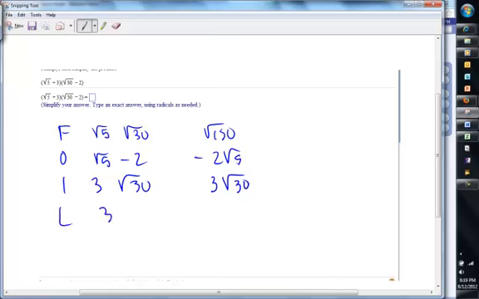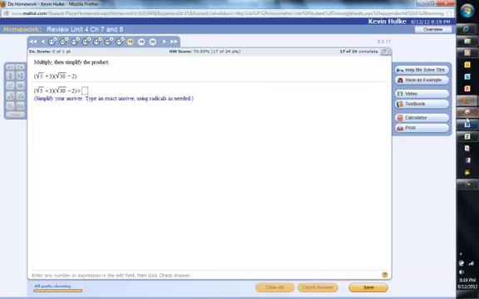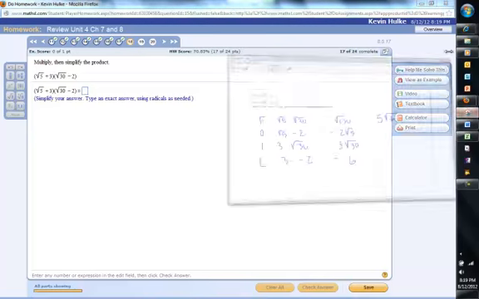L, 3 times -2 is -6. Well, if we simplify the root of 150, that is 5 root 6. So it's 5 root 6 minus 2 root 5 plus 3 root 30 minus 6. We're going to have 4 terms in our answer. That's all we can do.